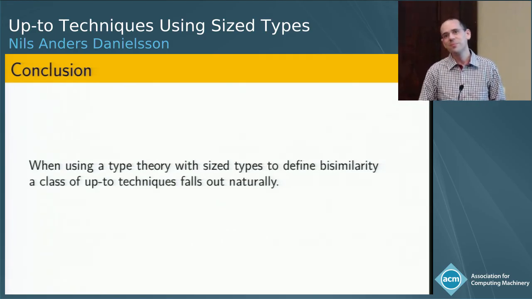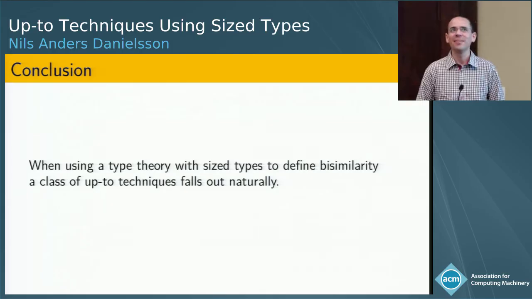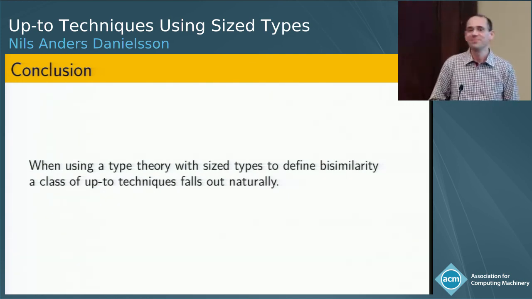So I was wondering whether, in the same way that bisimulation up to is falling out of size types, Pous's technique would fall out, which would be quite nice. I haven't thought of that. I would doubt it, but I don't know. Pous's technique is very technical. It would be nice if you could, yeah, I don't know. All right, thank you.